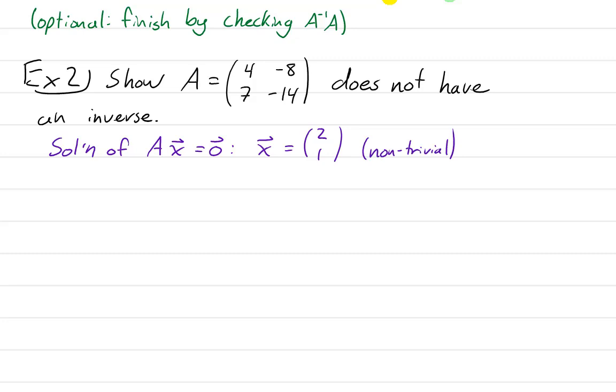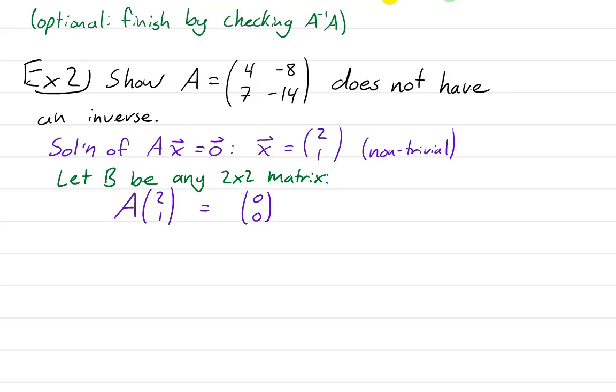In other words, A times (2, 1) gives you (0, 0). If you multiply that by any matrix B, as long as it's defined, let's say any square matrix B, we do B times this on the left, and also B times this on the left.